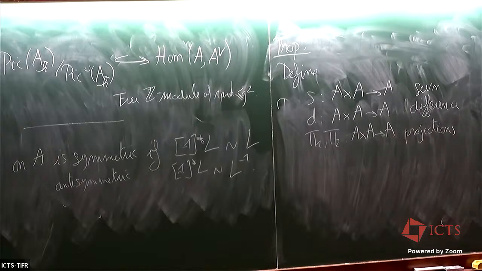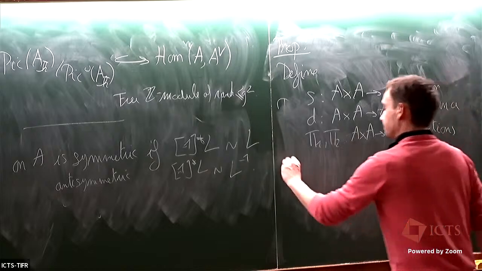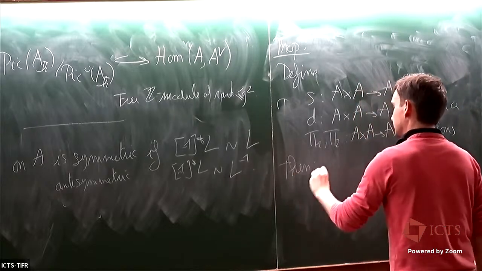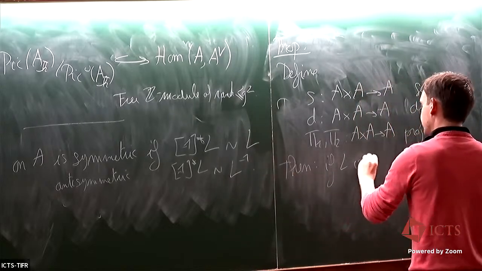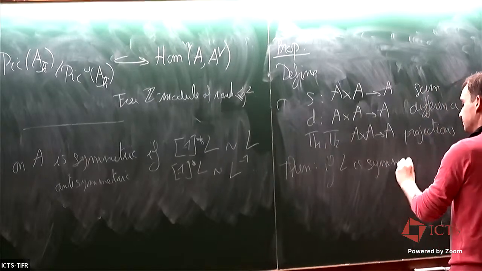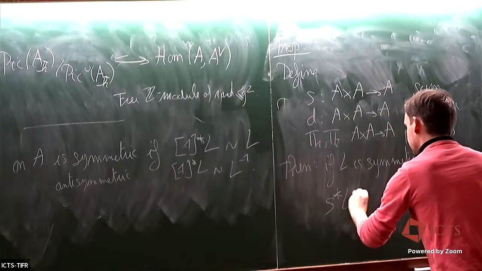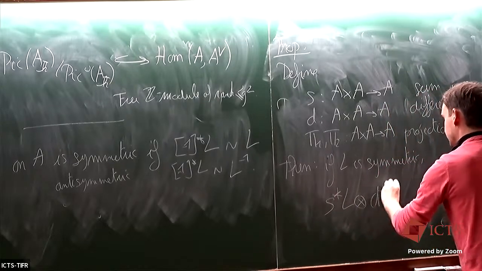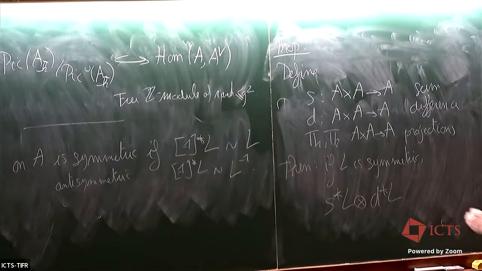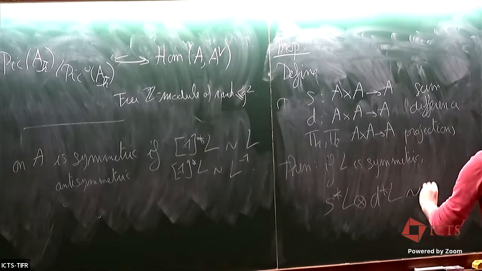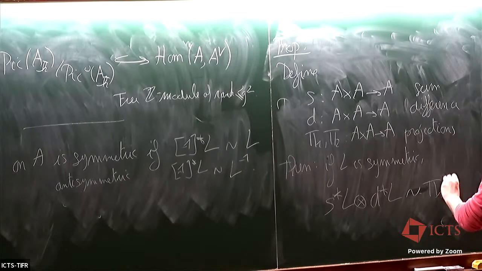What I can prove, and what's actually an exercise with the seesaw principle, not very difficult, is that if L is symmetric, s^*L tensor d^*L is actually the same thing as p_1^*L^2 tensor p_2^*L^2.